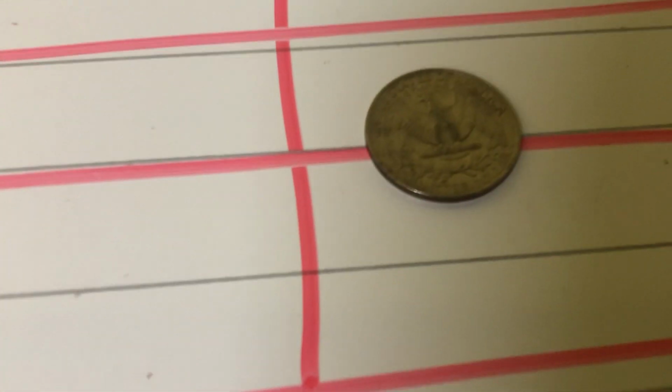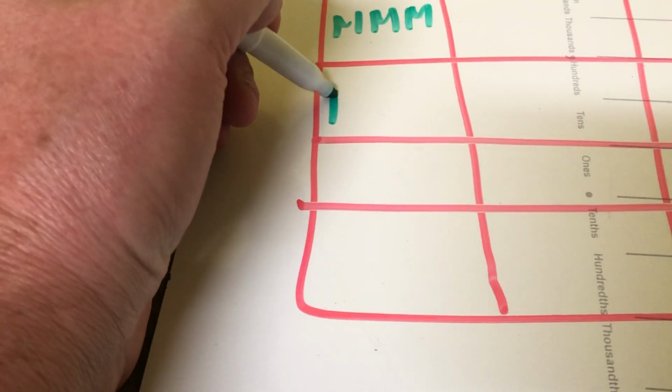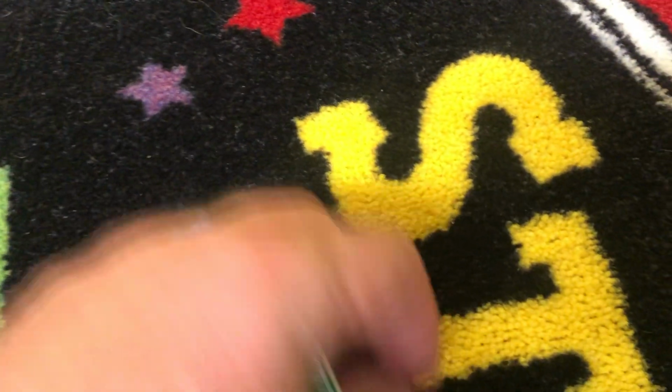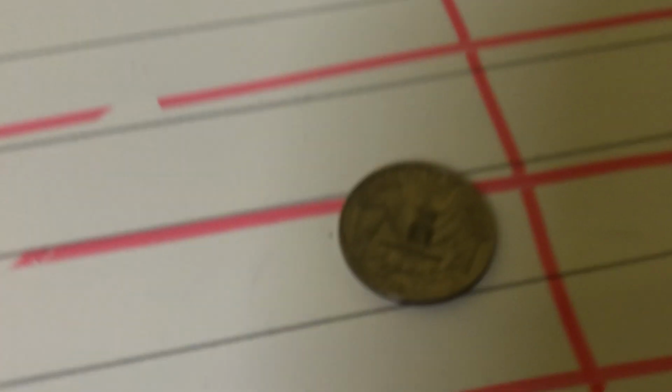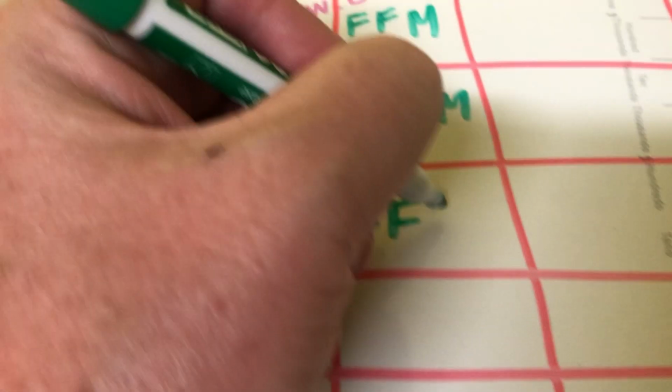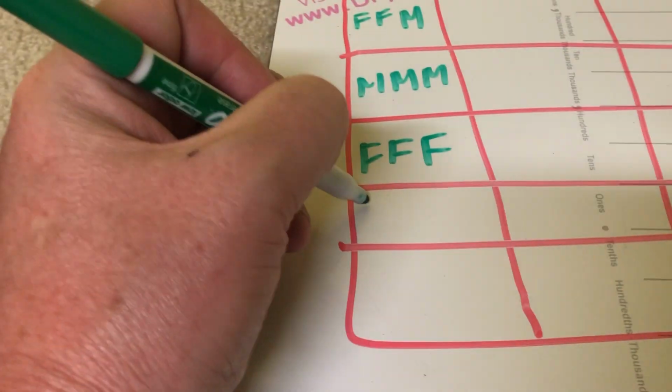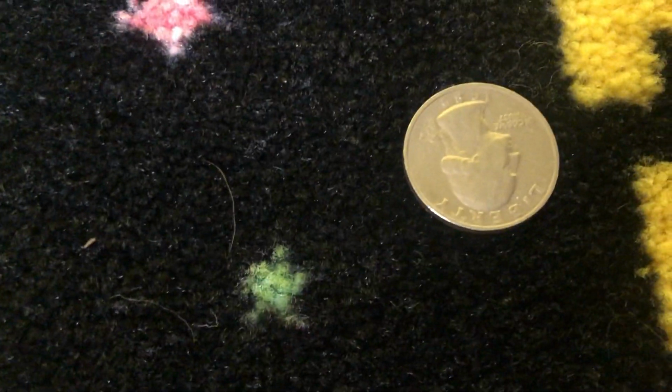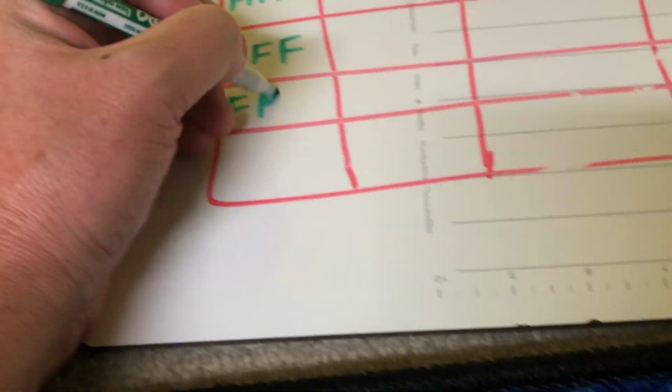Flip it again. That is tails. So that's a female. Flip it again, and you can just see what we're going to do. Tails. So that's a female. Flip it again. Tails. So that's a female. Here we go again. Flip it. Tails, that's a female. Flip it again. Heads, so that's a male.